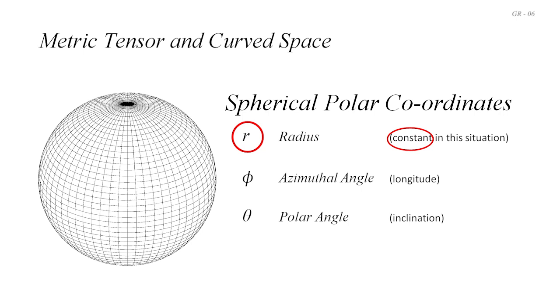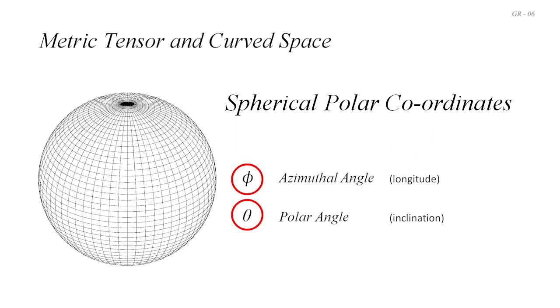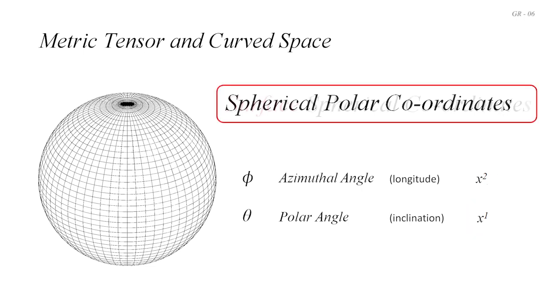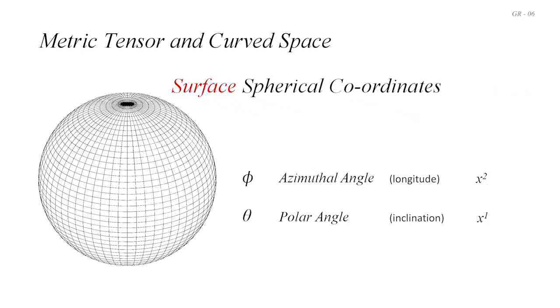It's the same for all points on the surface, and so it's theta and phi which represent variation within the two dimensions of the surface and which will determine position on that surface. They become our x1 and x2 for this two-dimensional coordinate system, which we will simply call surface spherical coordinates.